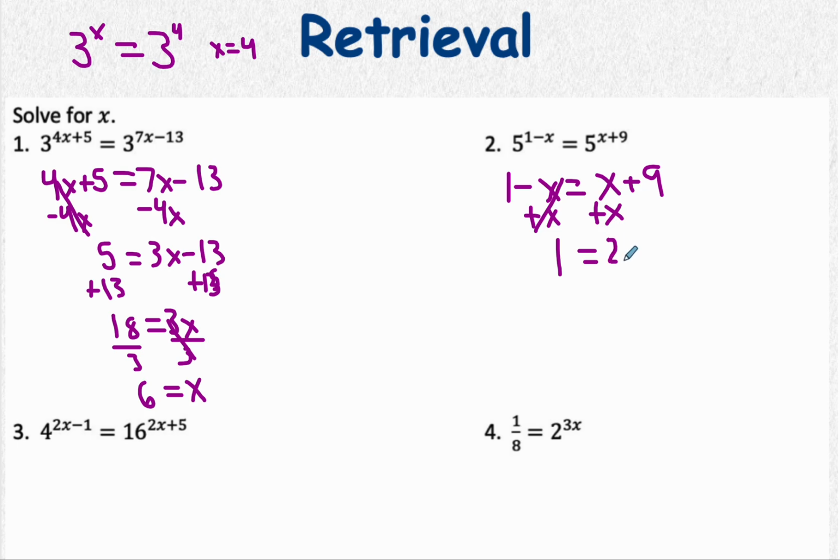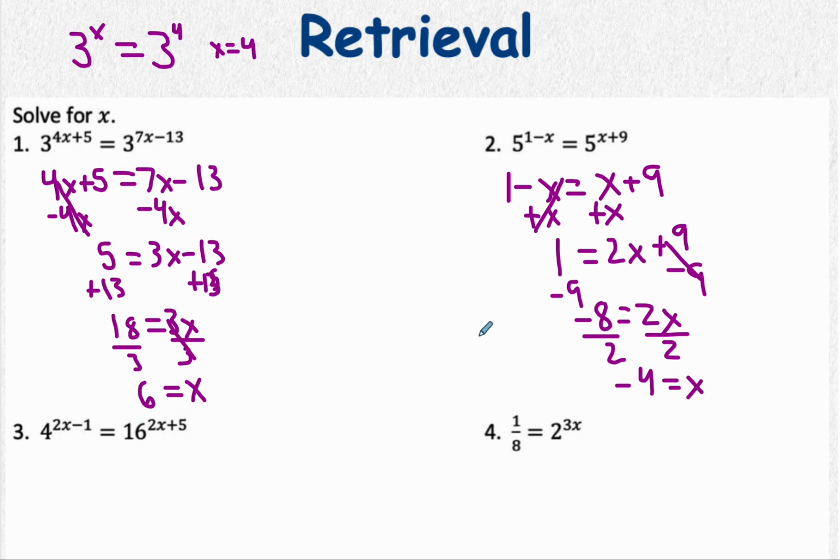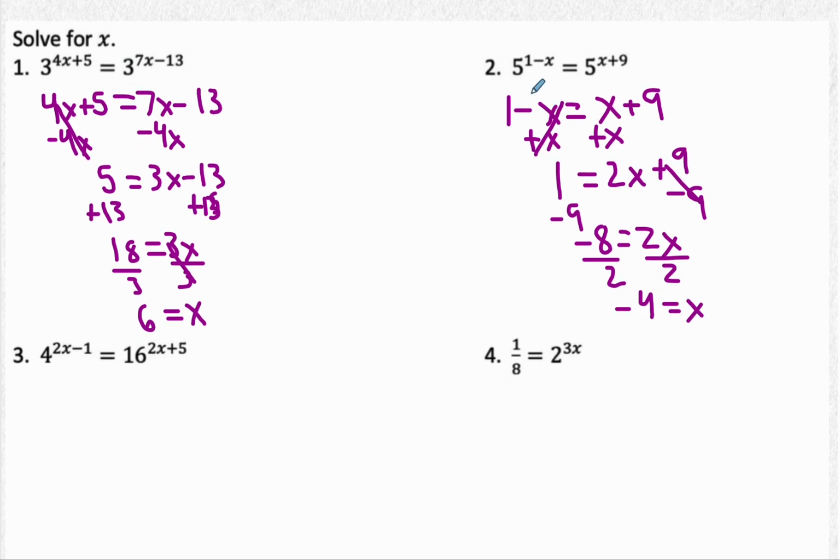X plus another x is 2x plus the 9. Subtract 9. So we have negative 8 equals 2x. Dividing each side by 2. So negative 8 over 2 is negative 4. Okay, so these were both examples of what to do when our bases are the same.